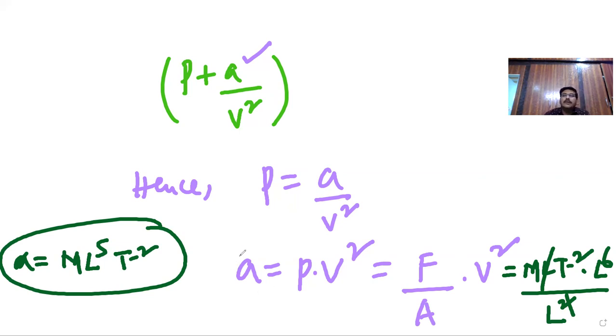Clear? So in such types of questions, we can equate each term. Why? Because each term has the same dimension. So the equation follows the principle of homogeneity. Hence, we can easily equate them.